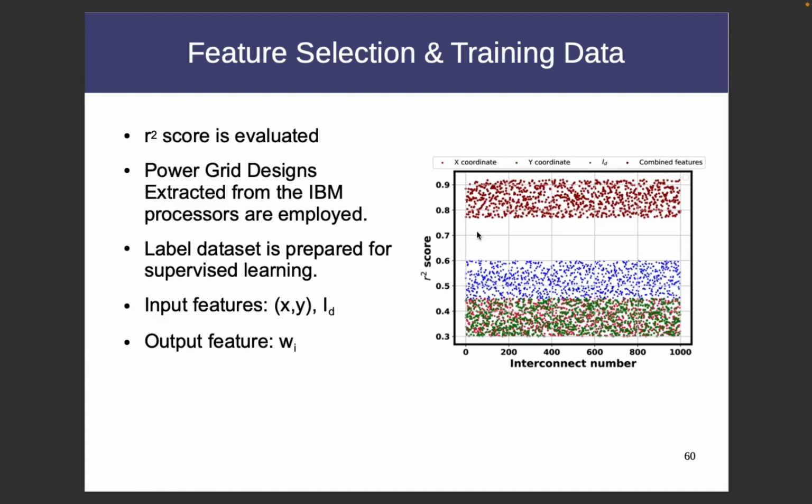If we take only the x coordinate of the current source of the functional block, the R square value is not good. R square is good only for the combined features, and that's why we considered this combined set of features, using xy location and the value of the current drawing capability, and based on that we created the machine learning model.